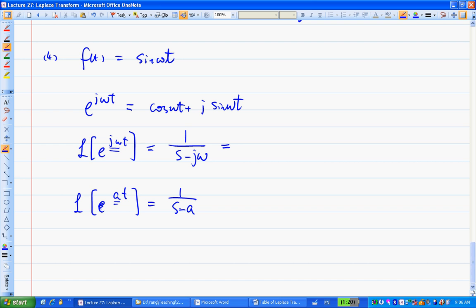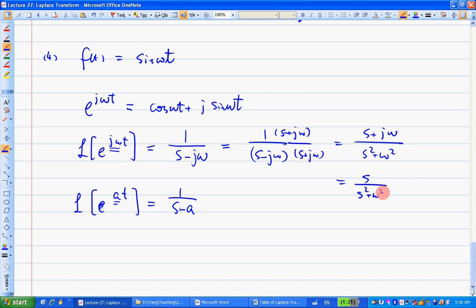And if I want to use division of complex numbers, basically s minus j omega, s plus j omega, so multiply by its conjugate. That's how I simplify it. Then the bottom becomes s squared plus omega squared, and the top is s plus j omega. And that equals s over s squared plus omega squared plus j omega over s squared plus omega squared.